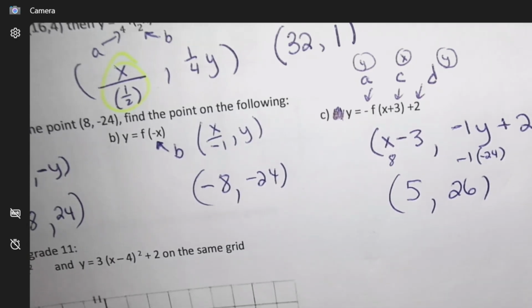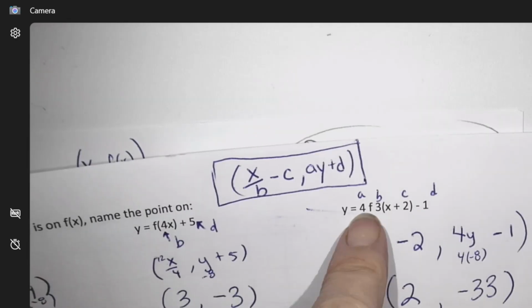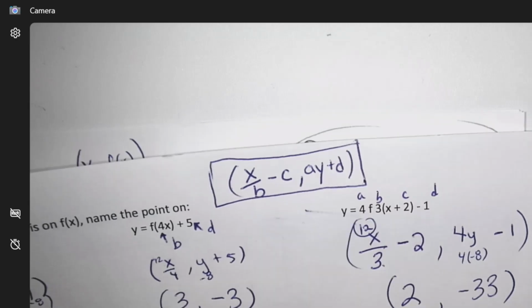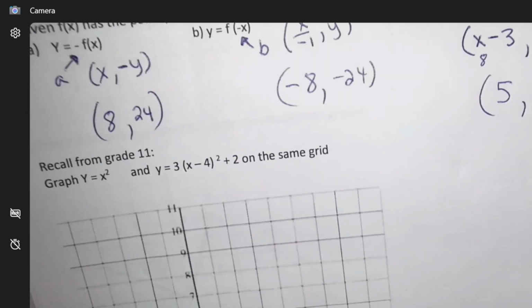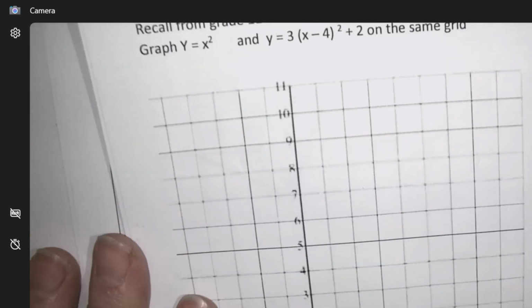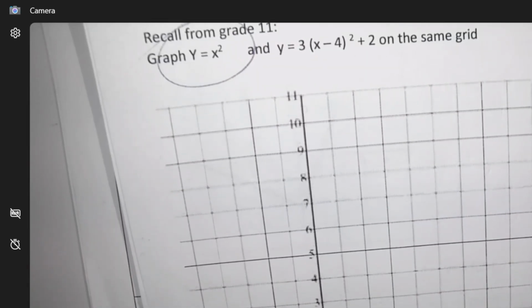Okay, so do you see how when I say this has to be completely memorized, you got to know this inside and out, that little thing. All right, so let's do a question from grade 11. Do you remember how to graph your quadratic function? Just your basic quadratic function.